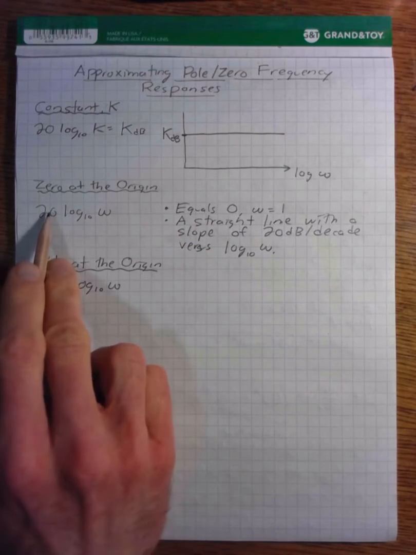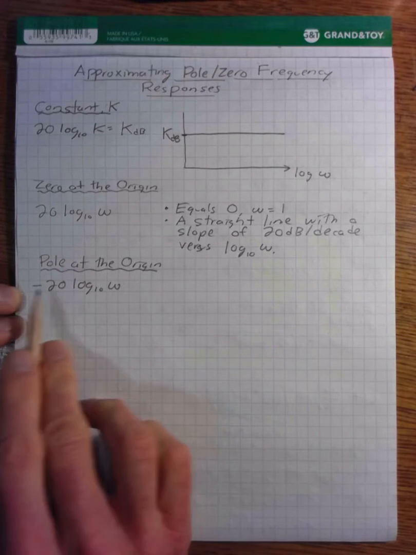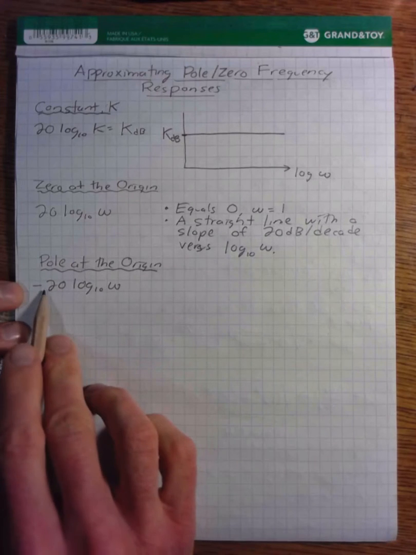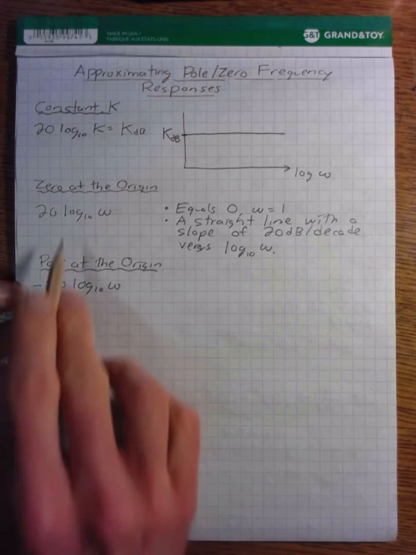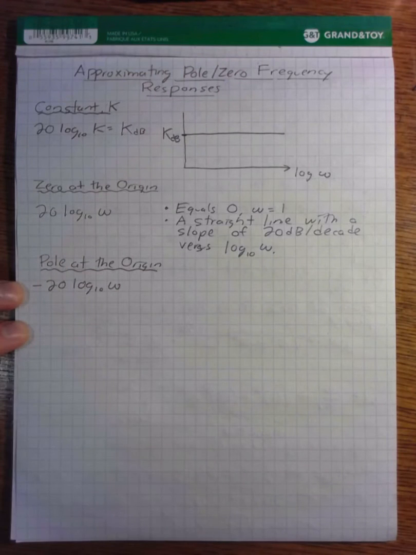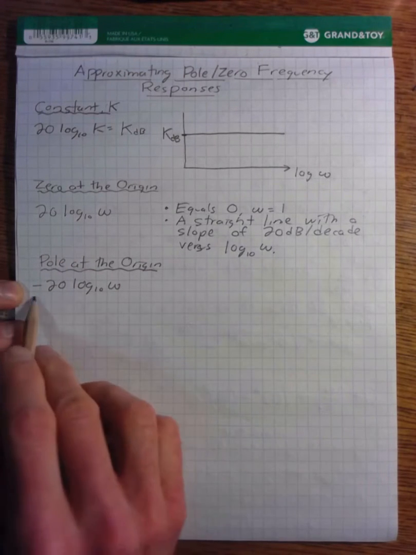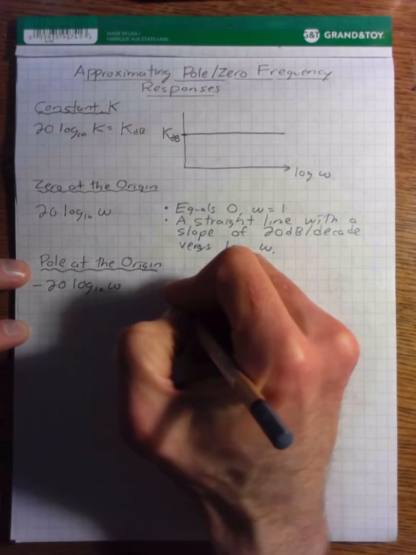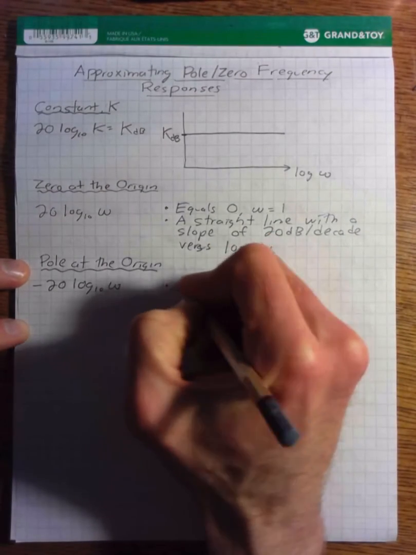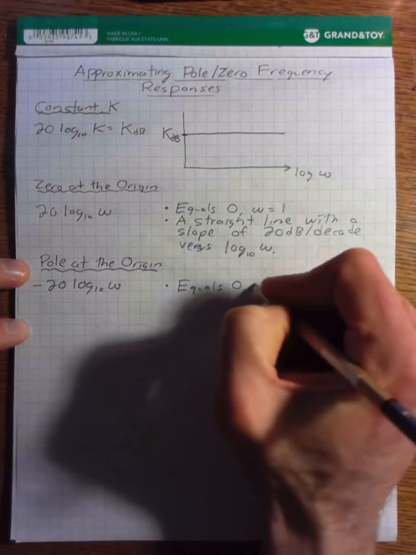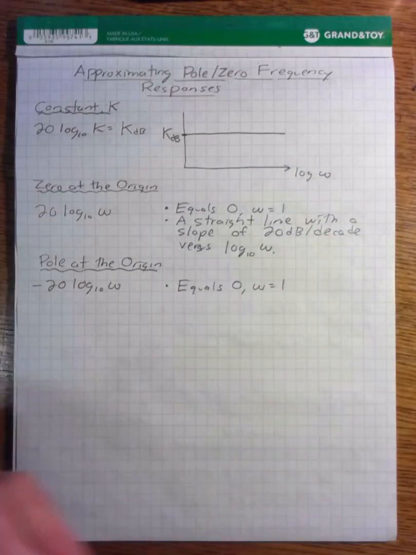So when we're on the numerator, we're adding. When we're on the denominator, we're subtracting because it's a division. And other than this minus sign, this is exactly the same formula. So if this is a straight line with a positive slope, this will be a straight line with a negative slope with exactly the same zero crossing. So it's going to equal 0 when omega is equal to 1.